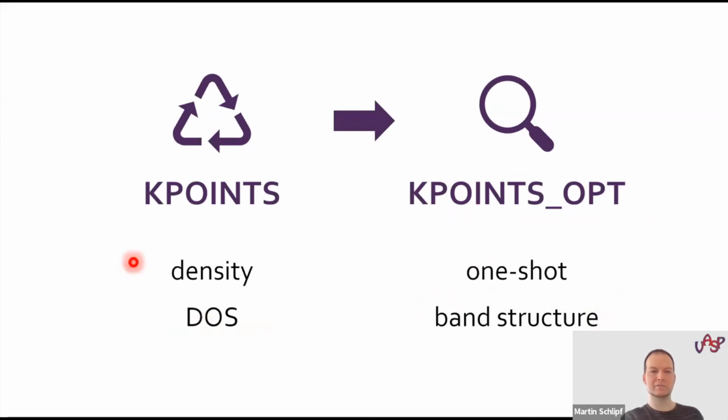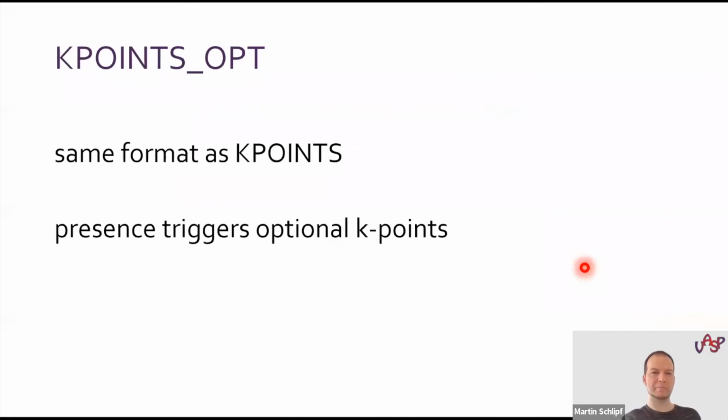So the idea is you do your density of states calculation with a dense k-point mesh, and then just do a single run to get the orbitals and eigenvalues at this extra k-point mesh. And the way that you do this is you just provide this KPOINTS_OPT file.